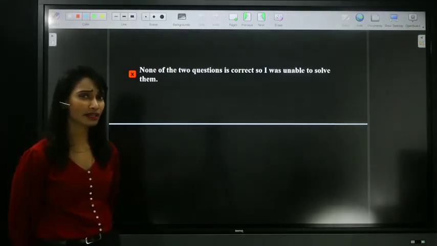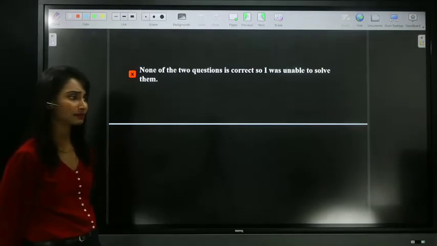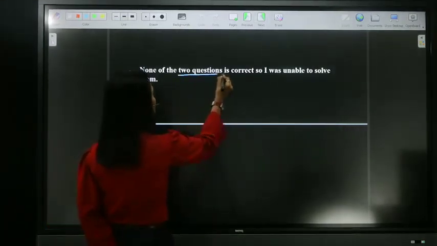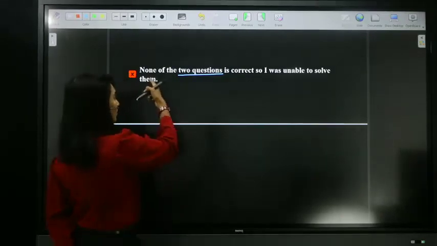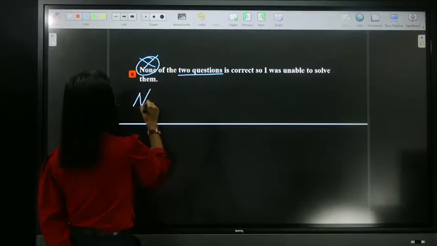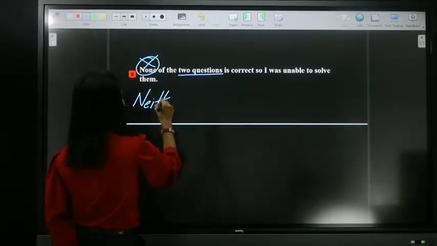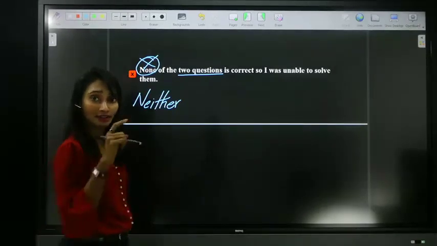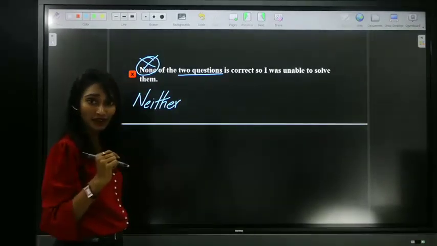We have already discussed this. Yes, Karthikeyan, you're correct. There are two questions. Two, can we use none? No. So replace none with neither, because two means you can use either or neither. Either is for positive, neither is for negative.